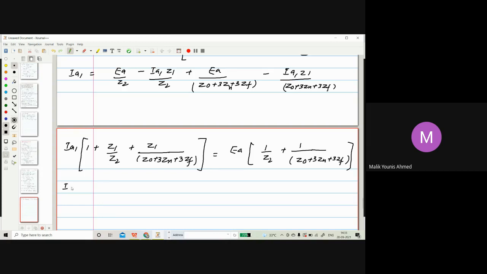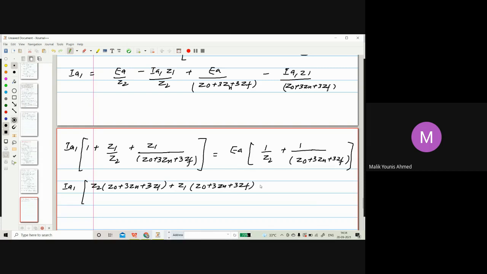IA1, I can write it like this. I will multiply this Z2 with this, and because this will be the LCM complete, I will multiply the complete LCM: Z2, Z0, 3Zn plus 3Zf. This is the first term. Then again, this term only we have to multiply by this term because this is in the denominator. So Z1 will be multiplied by Z0 plus 3Zn plus 3Zf.